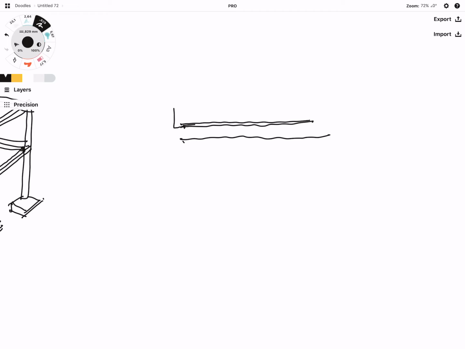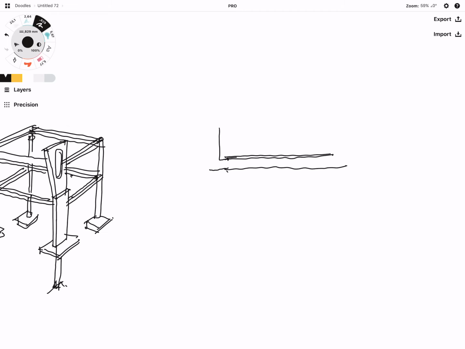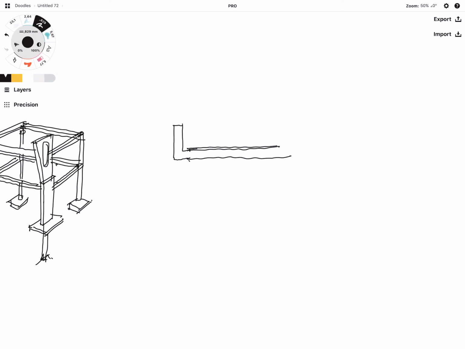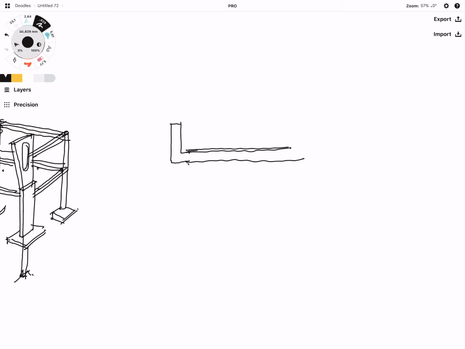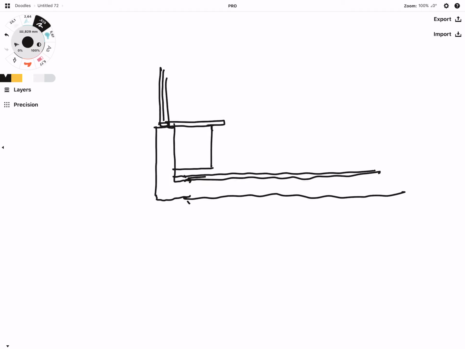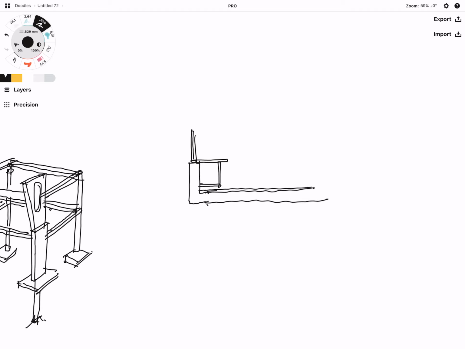Say for example my concrete slab turns up into an upstand beam, and I've got a frame, glass, I've got a desk, I've got a cupboard, glass.